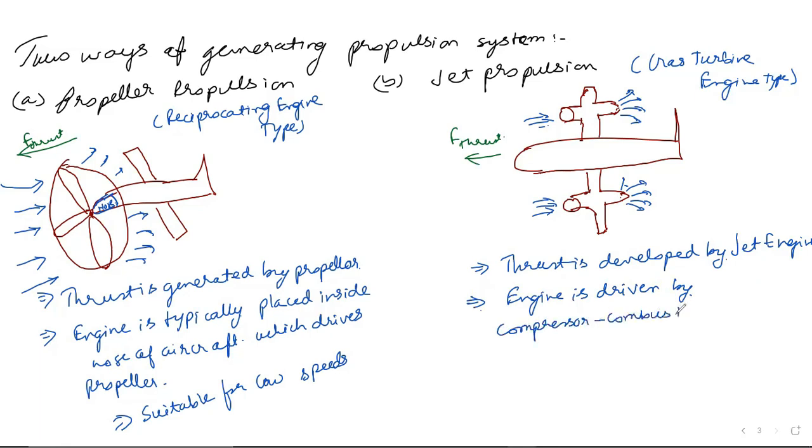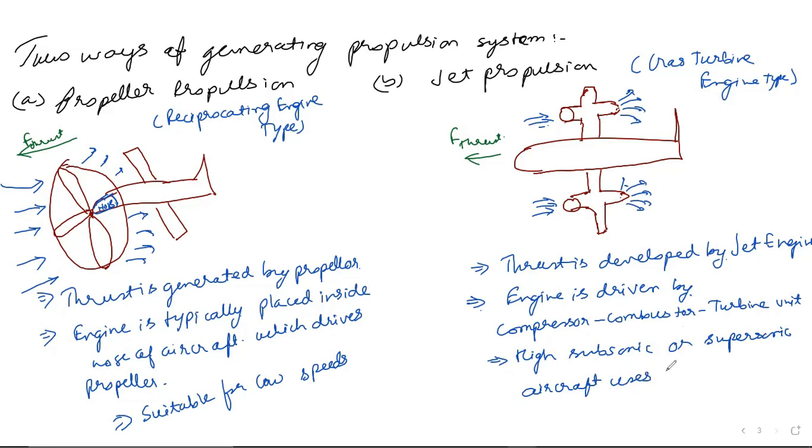High subsonic or supersonic aircraft use this type of unit. That is called the jet propulsion system. So we use this kind of engine to go very far forward.